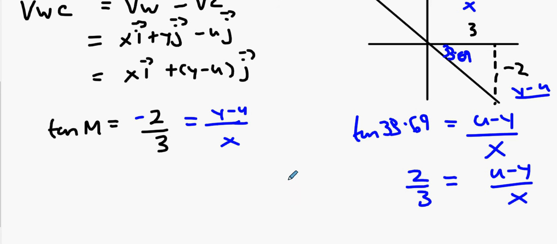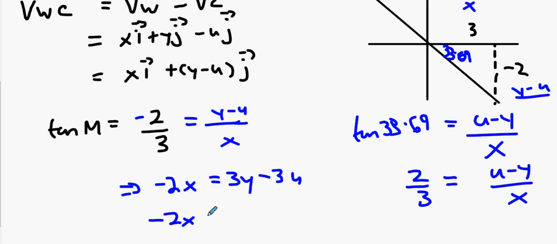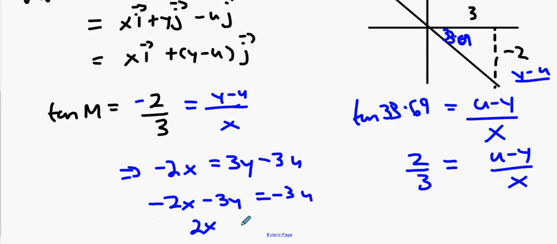Okay, happy days. Now multiply it up and we get minus 2x equals 3y minus 3u, so 2x minus 3y equals minus 3u. And what do we get then? 2x plus 3y equals 3u. Happy days.